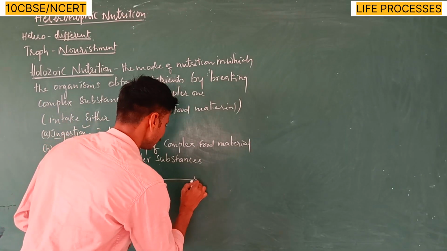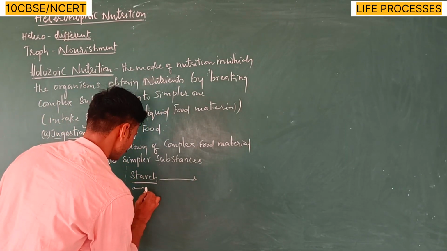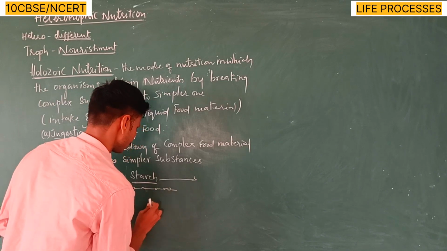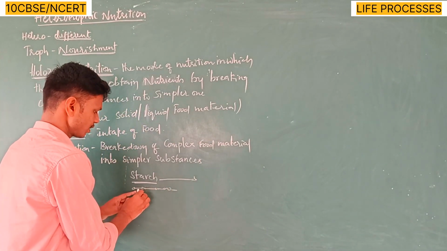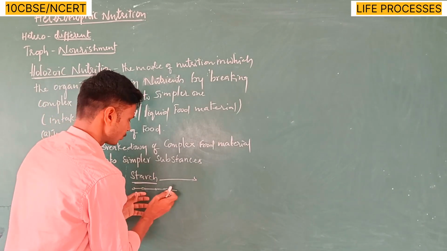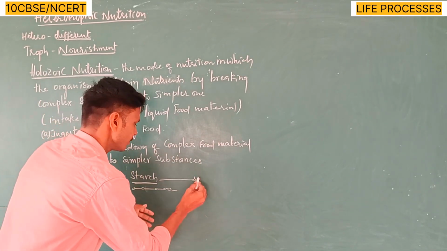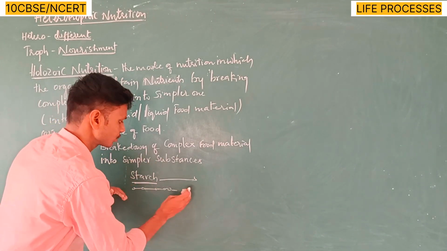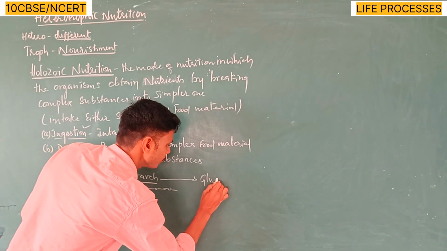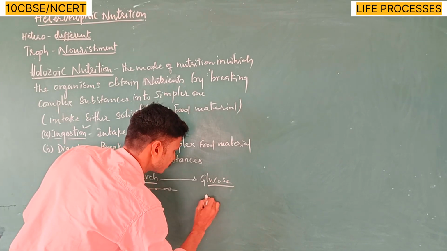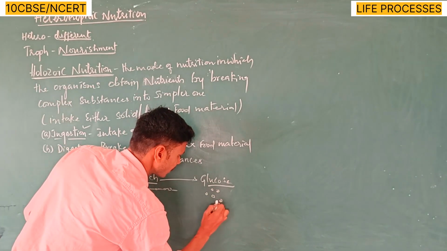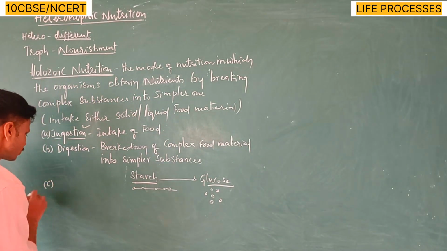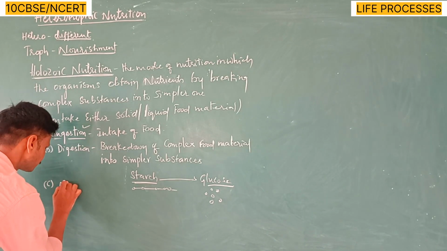So many glucose molecules are there, and in between them a bond is there. Breaking down this bond gives a simple sugar. Starch is a complex sugar, which breaks down to form glucose molecules, a simple sugar. This is what you call digestion.